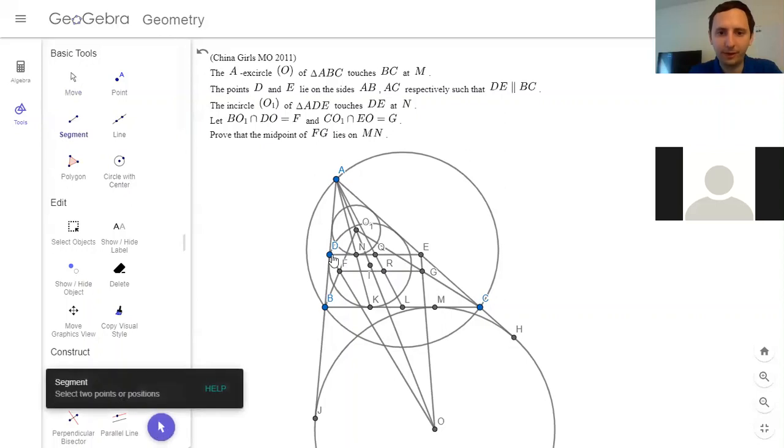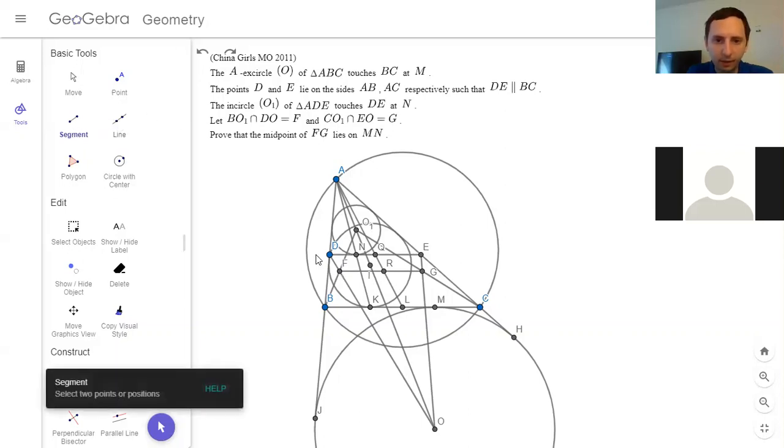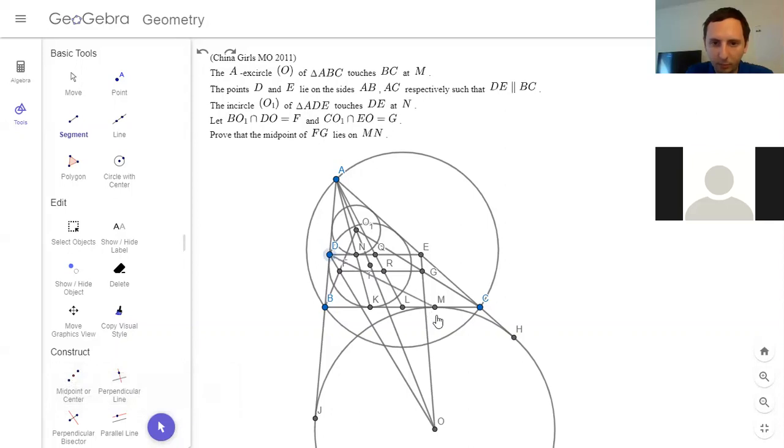Wait, are D, R, and C collinear? No. But does Pappus on DNE and BMC finish? Possibly. Are you sure? You said DNE. I mean, where does DN intersect BM, right?